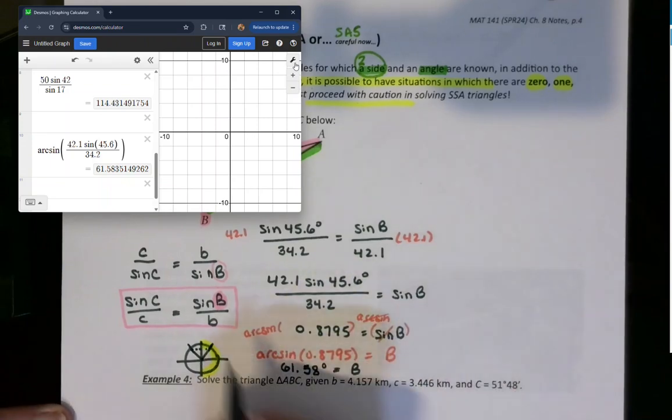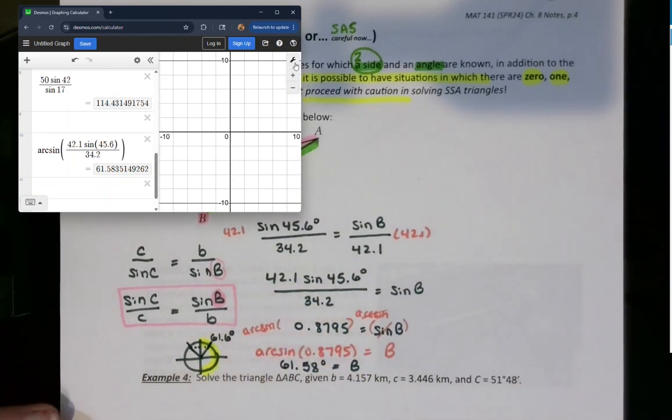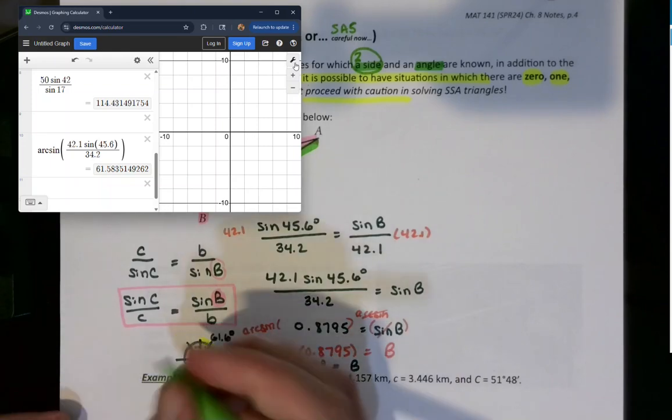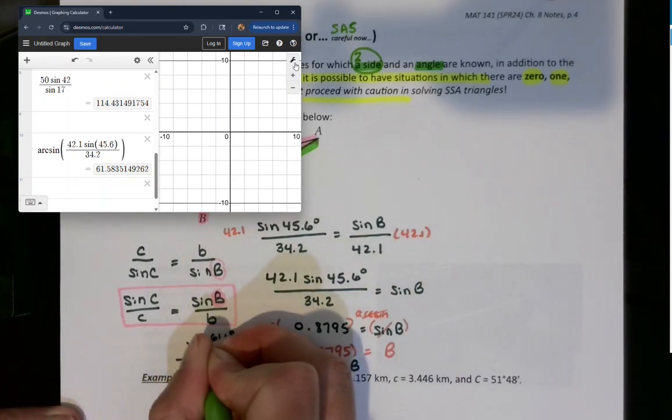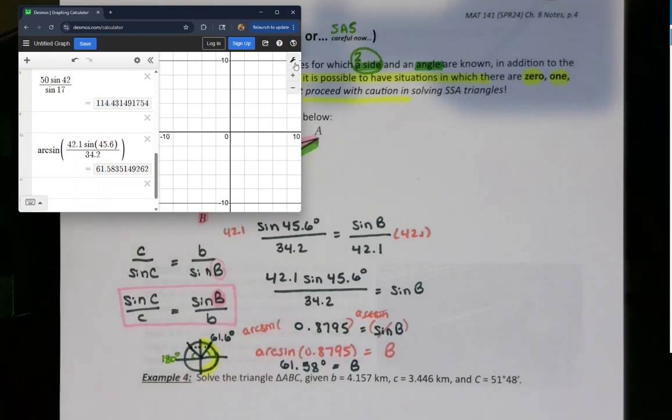So this right here is the angle, about 61.6 degrees. That is the same reference angle that I'm going to have in quadrant 2. So in quadrant 2, this is where 180 degrees is. This matching angle is going to be shy of 180 by 61.6 degrees.